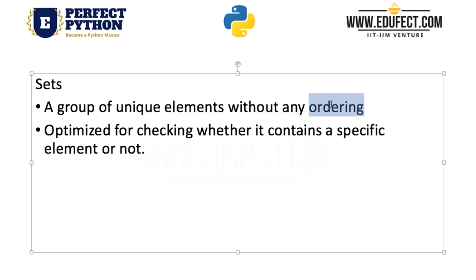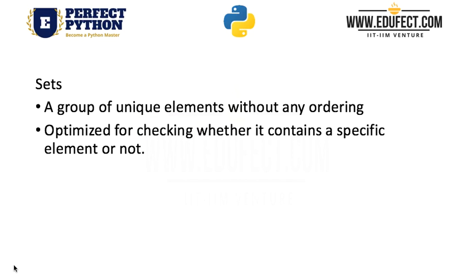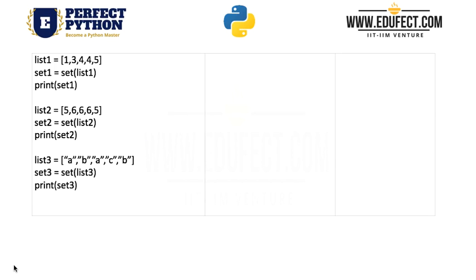So a set does not maintain an order. Sets are optimized for checking whether they contain a specific element or not. So it's very powerful and useful for checking whether an element belongs to a set or not, and it is optimized for it. Let us start learning how to use sets.